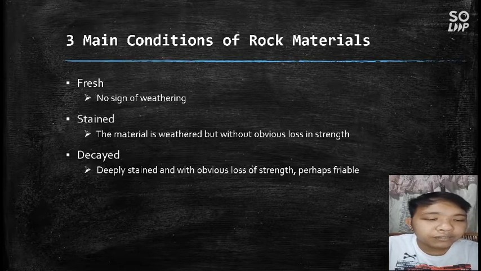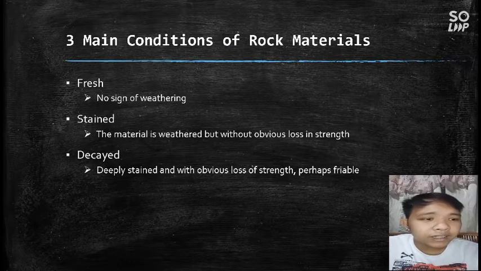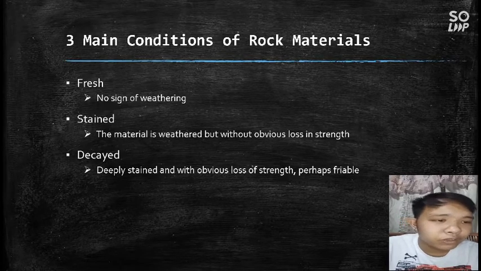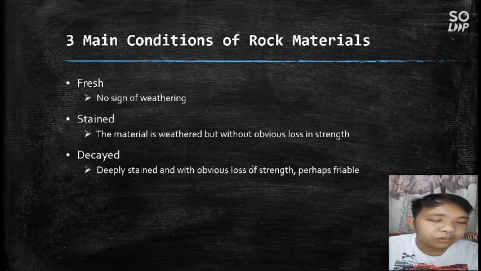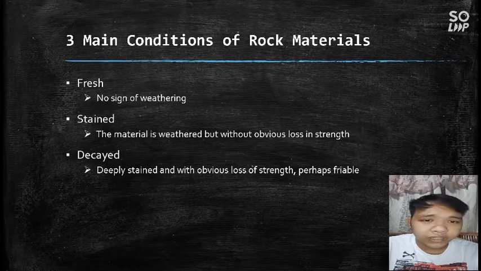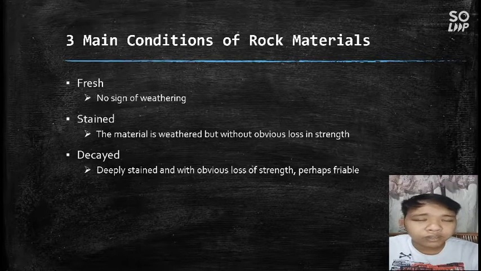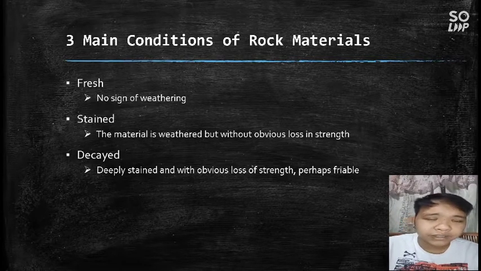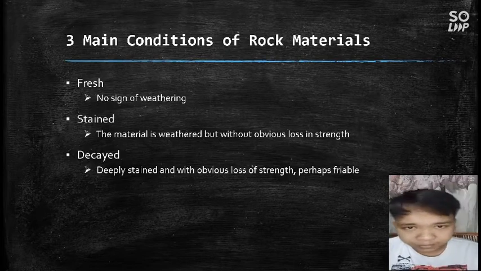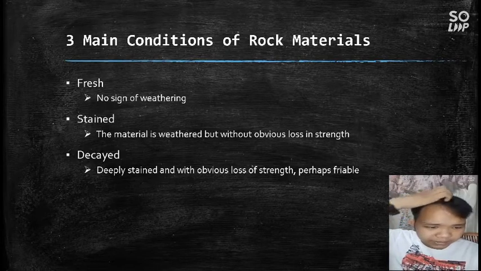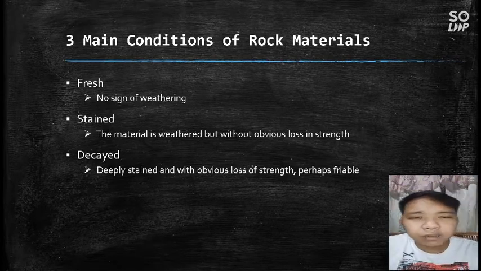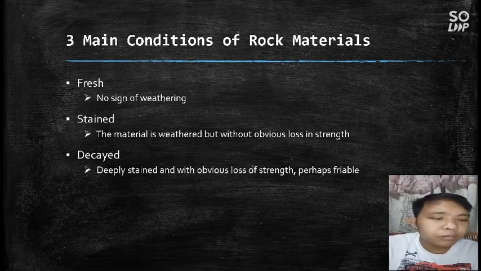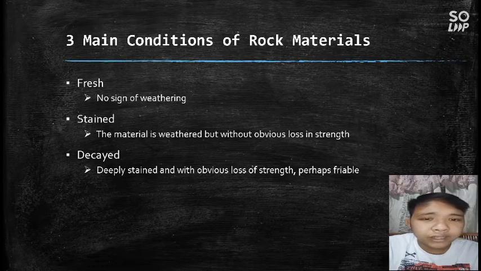So first is the fresh condition, wherein there is no sign of weathering. Just like the conditions of discontinuity weathering, there is also a fresh condition of rock materials, wherein there is no sign of weathering to the rock material, meaning that it is unaffected by weathering. Second is the stained condition, wherein the material is weathered but without obvious loss in strength.